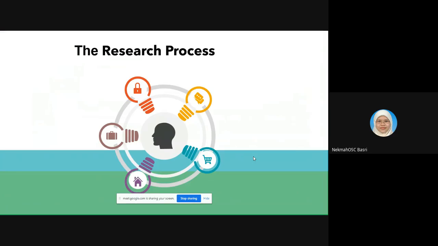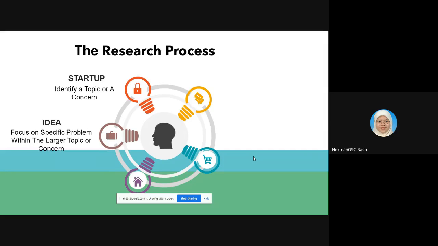Talking about the research process, there are 5 steps. First of all, we have to identify a topic that we are concerned about. After that, we get an idea of what we focus on, a specific problem within the larger topic. As I mentioned earlier, this era of COVID, the pandemic, is the intention of our idea for the research.